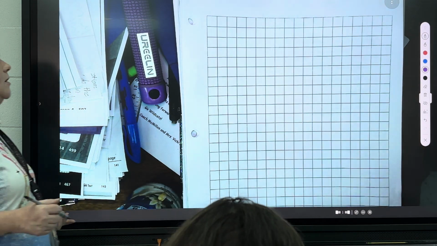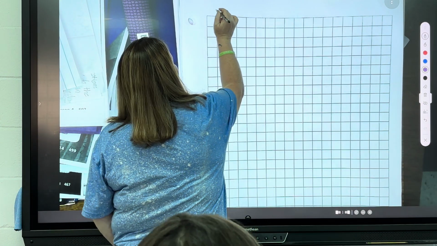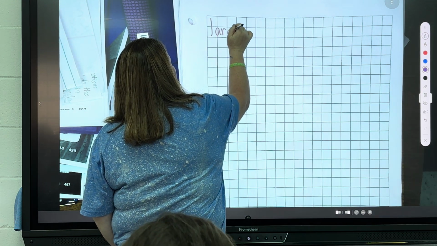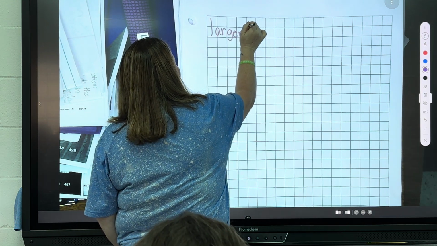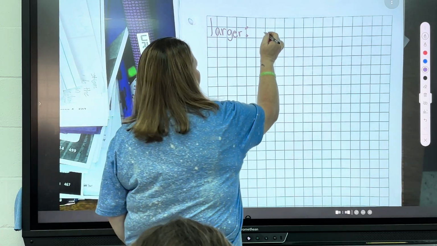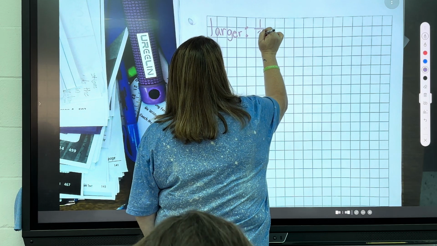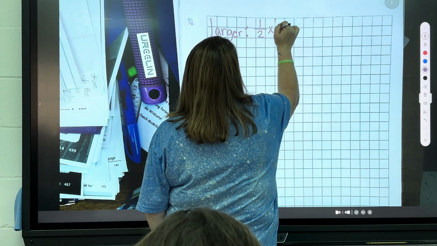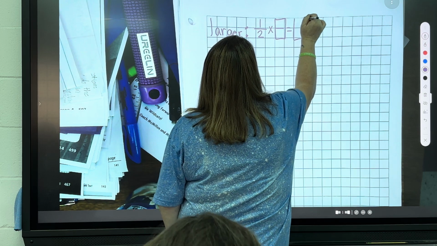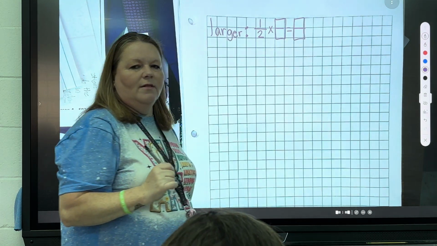And the first thing we are going to talk about is our equivalent fractions. If we are making a larger equivalent fraction, we multiply. Our example is 1/2 times something gives me a larger equivalent fraction.